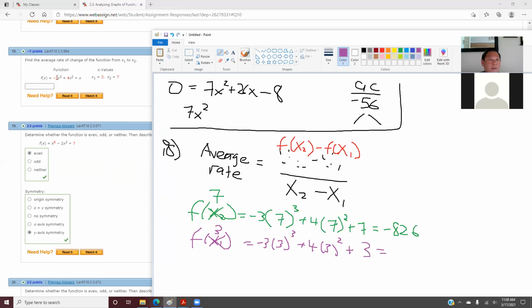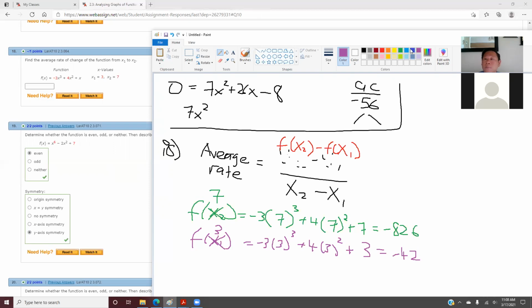Make sure you have a calculator. You just redo this question again and change all the 7s to 3. This is negative 42.